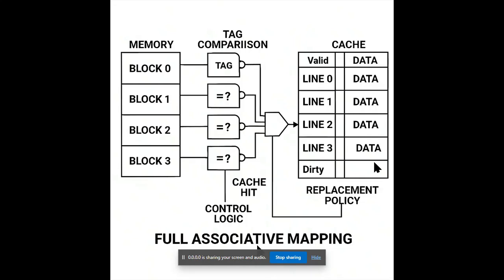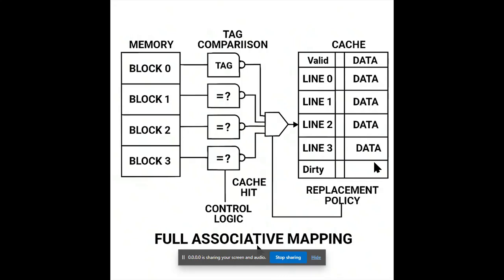So let's follow the journey of a memory access request. The CPU sends a memory address. The control logic detects the request and extracts the tag portion of the address. The tag comparison begins. The comparators activate and simultaneously compare the incoming tag against all the cache lines.